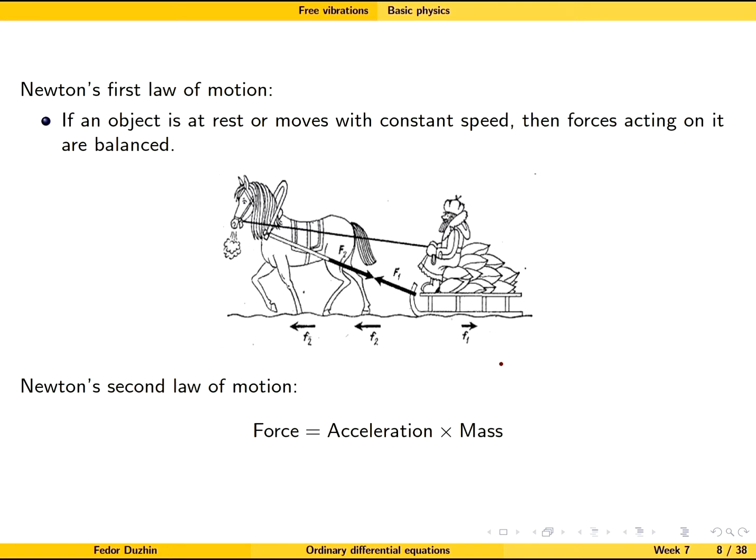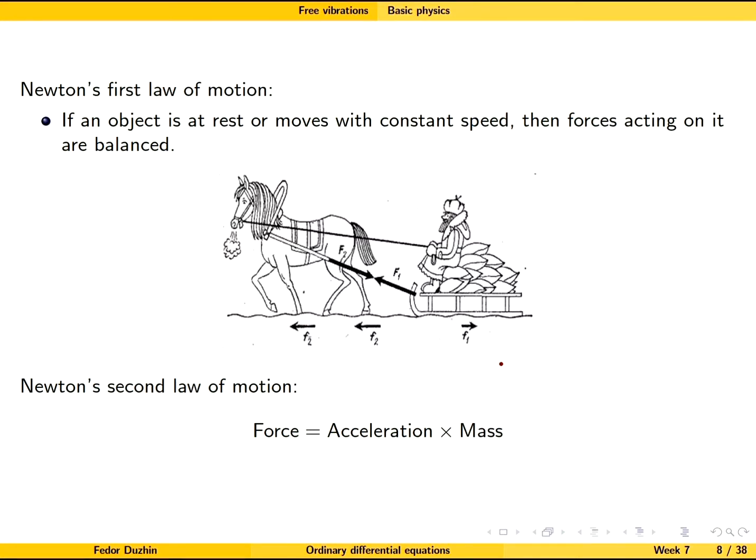Before we do that, let's begin with some simple stuff. Let's review some basic physics. Newton's first law of motion: if an object is moving at a constant speed, then the forces acting on it are balanced.